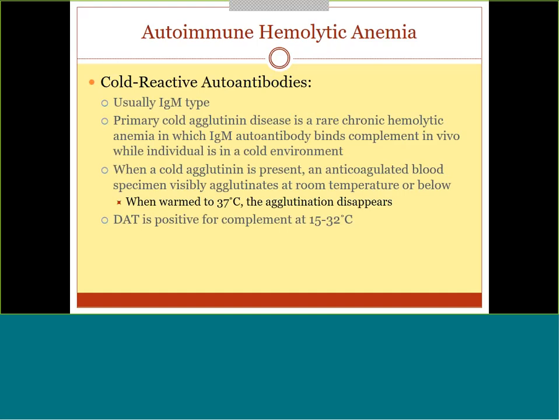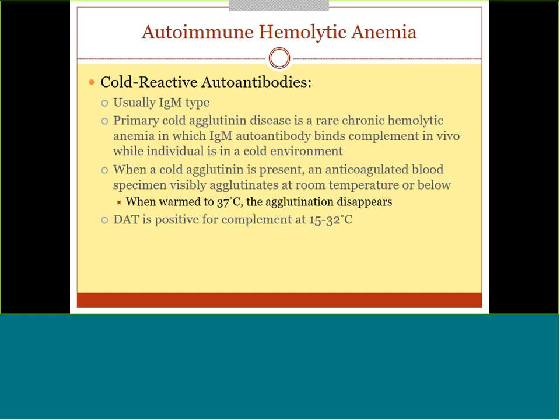Say an EDTA tube, where it's supposed to stay liquid, it clumps together. That's because these IgM autoantibodies, when they hit the colder temp of the room, are triggered to react, and now they clump the blood together. So that would be cold agglutinin disease. It is something you're definitely going to see at some point in your career if you haven't already seen it.